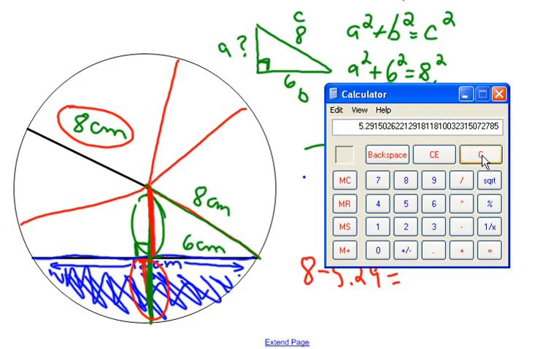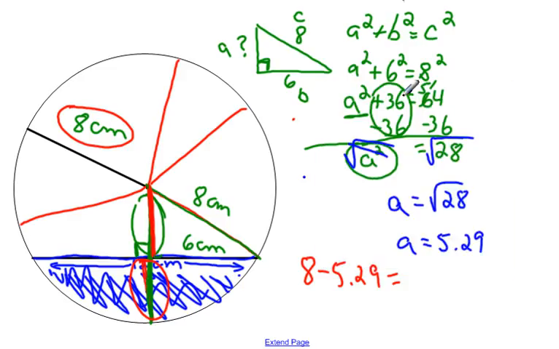So we have 8 subtract 5.29, and we get a result of 2.71. So the height of the water is 2.71.